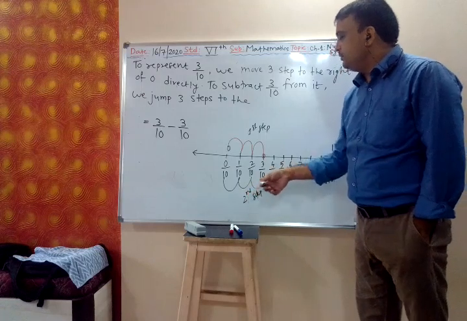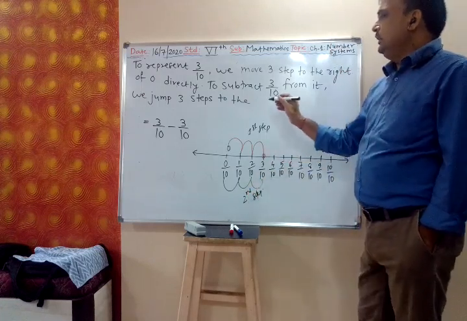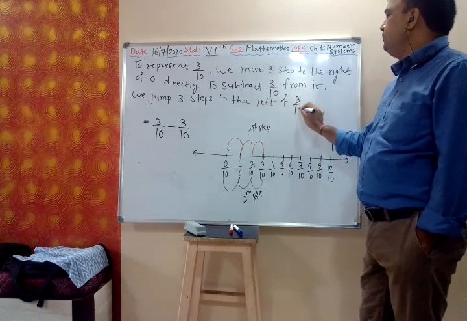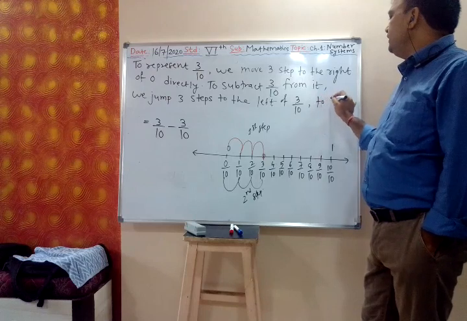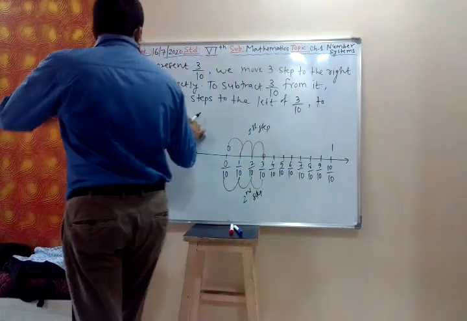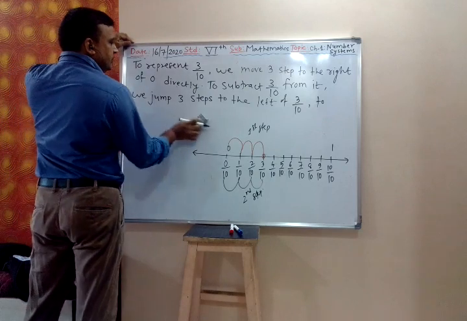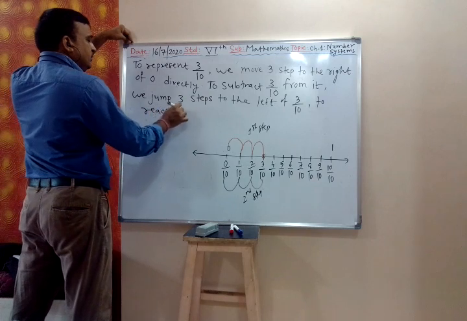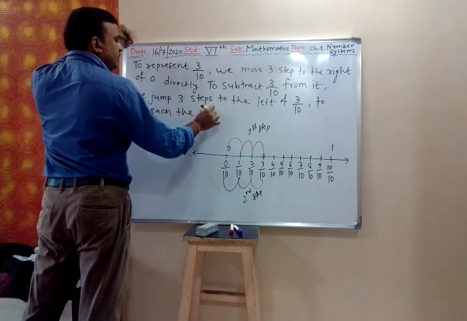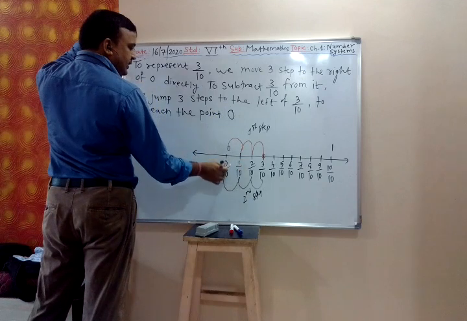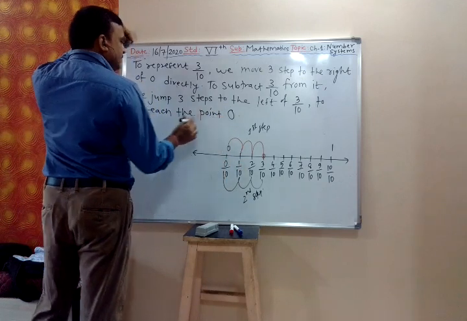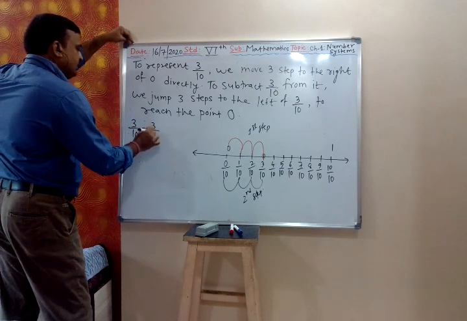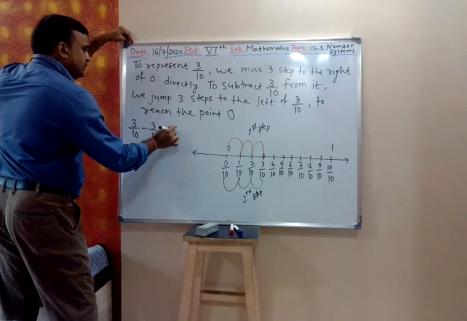Here I am having space, so I am showing down. 3 steps to the left of 3 upon 10 to reach the point 0, where we reach 0 upon 10. 0 upon 10 is same as 0. So finally we write 3 upon 10 minus 3 upon 10 is 0.